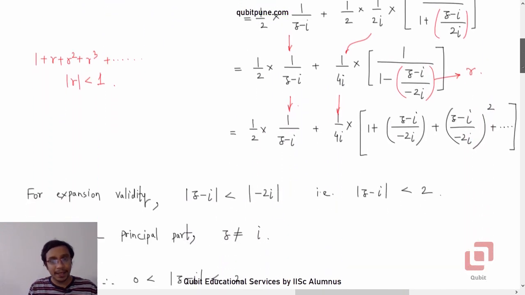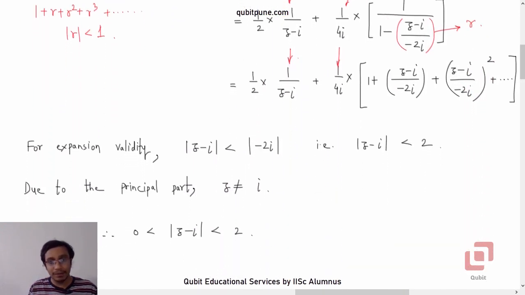Let us now write down the region of validity of the expansion. The validity condition is that mod of r has to be less than 1, or the absolute value of z minus i upon minus 2i has to be less than 1. Using the properties of the modulus function, we can say that mod of z minus i has to be less than 2, because mod of minus 2i is 2.